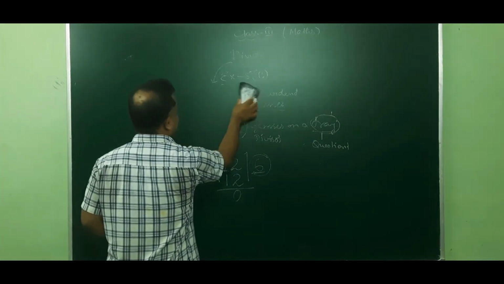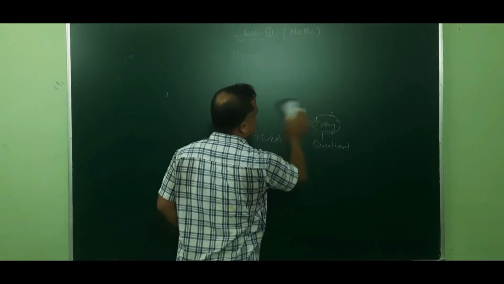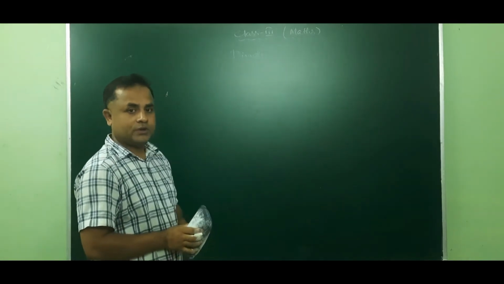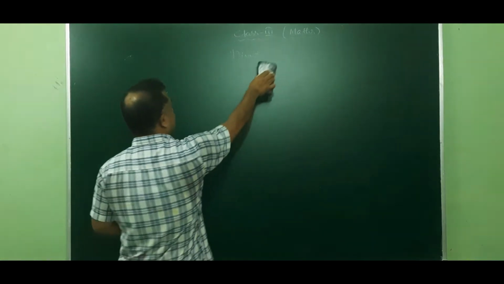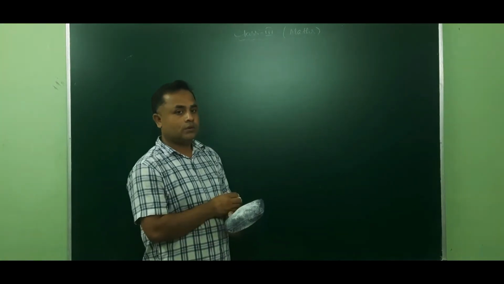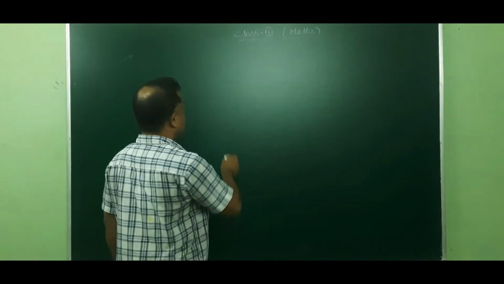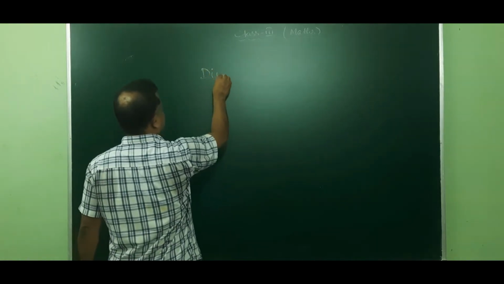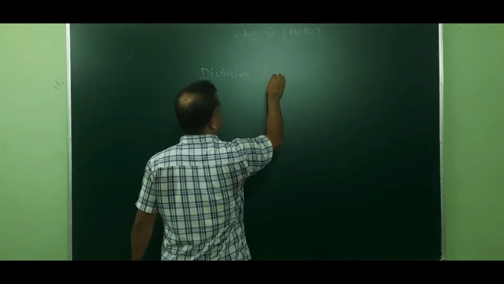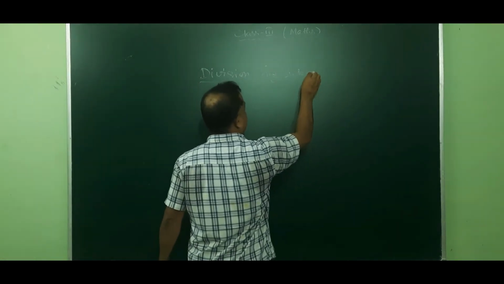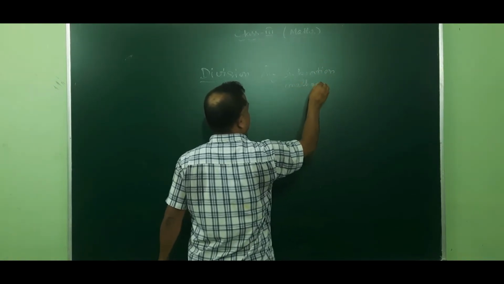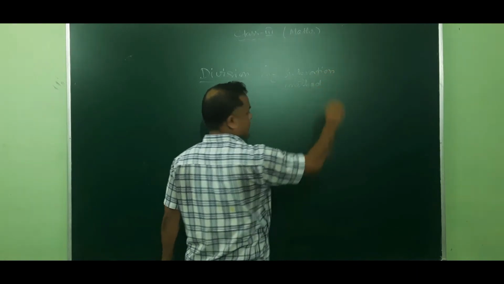Now, in this way, you can do the remaining questions. Everything is similar. Now, one thing we will see according to your book, that is division by the subtraction method.